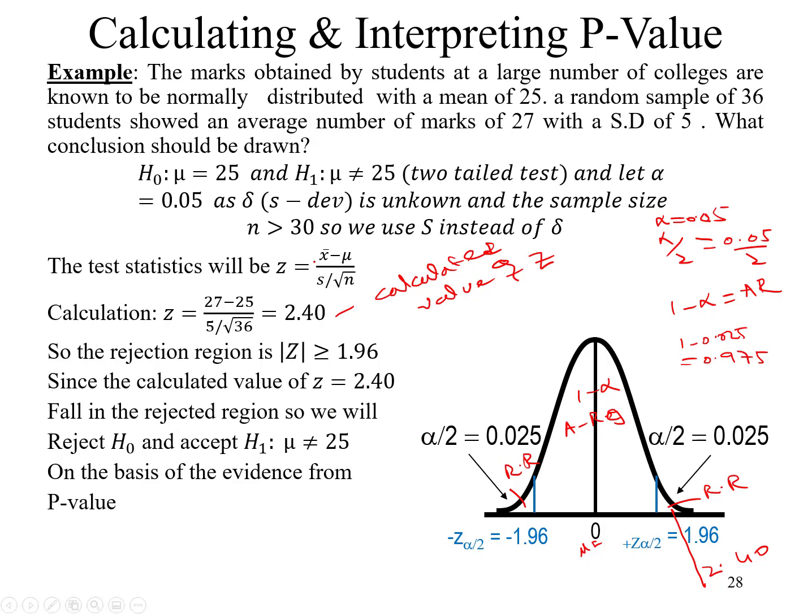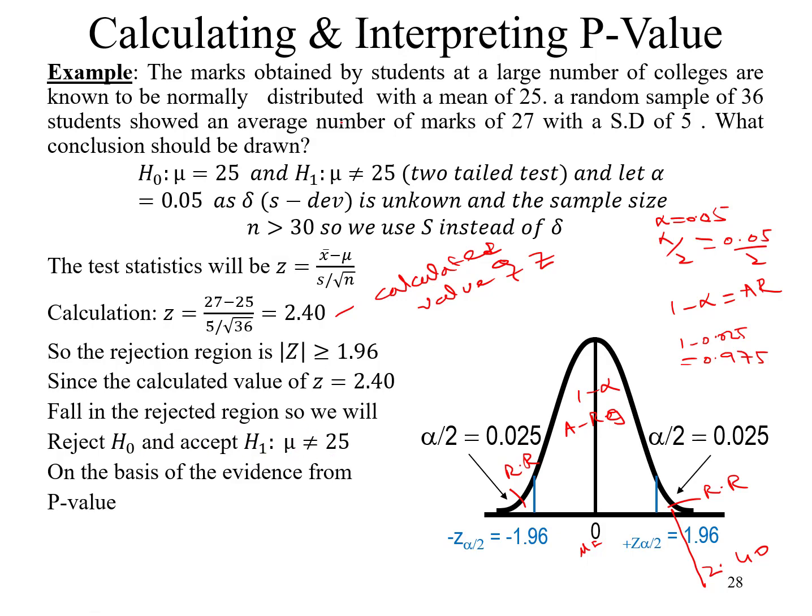That is why the claim H0, mu is equal to 25, is rejected. The probability, the p value, is less than the level of significance, so we will reject H0 and we will accept H1.